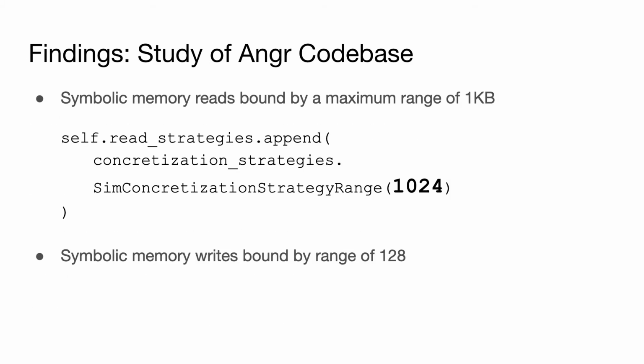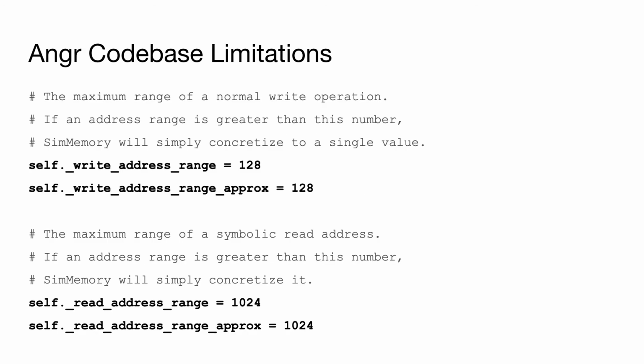The same holds true for writes, but with a range of only 128 values, which is fairly limiting in terms of exploring all of a program's possible paths and behavior. And here we see those ranges imposed again in another portion of the code base.